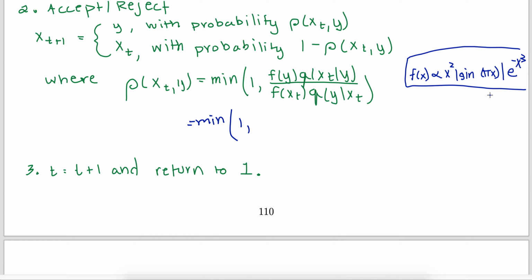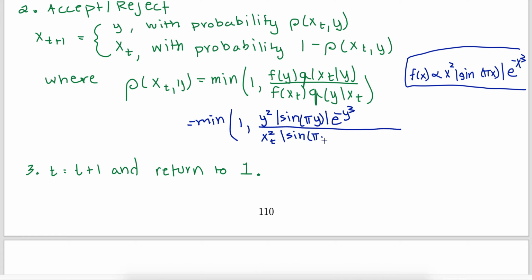So here, just a reminder again of the kernel of the distribution, but I'm evaluating it at y, my proposed value. So this is y squared times absolute value of sine pi y, e to the negative y cubed. And the denominator is the same thing but evaluated at our current position.